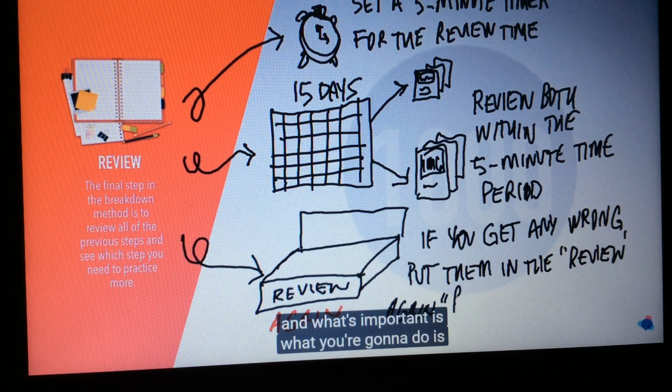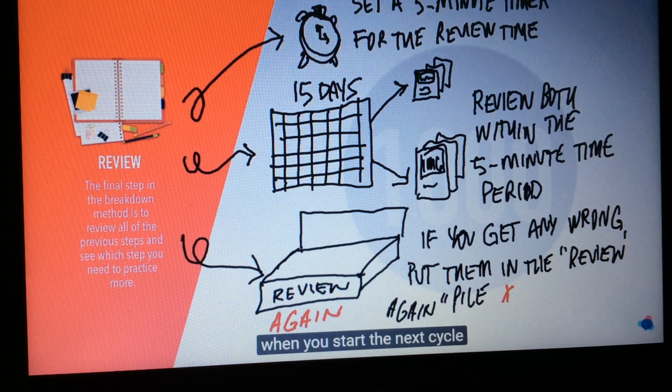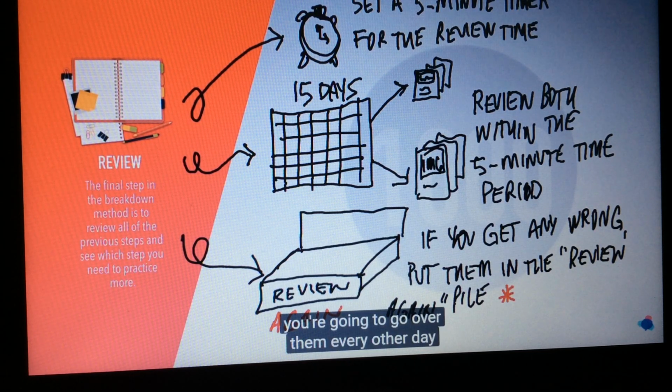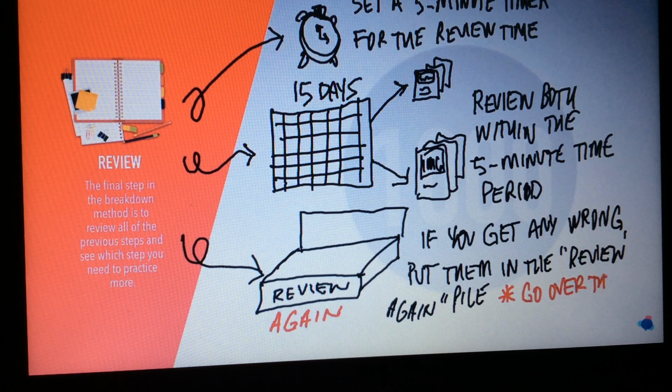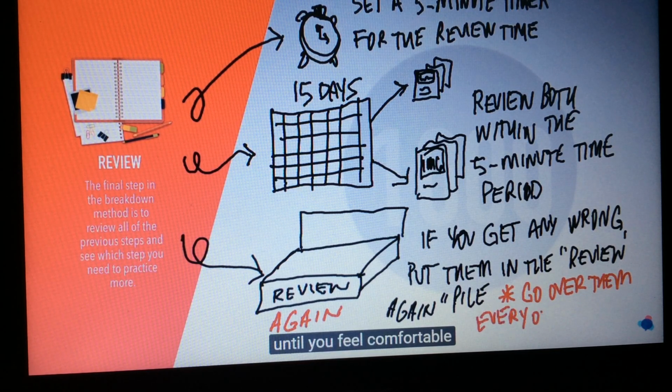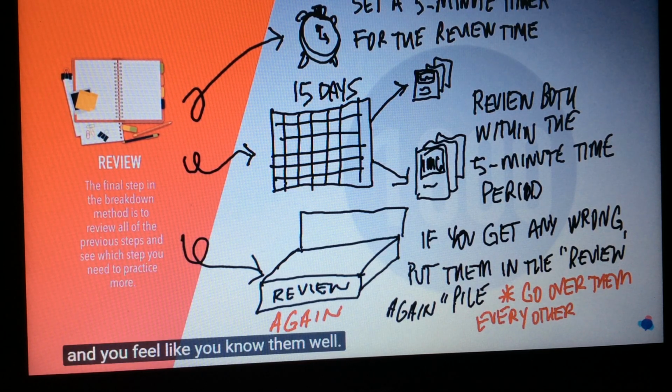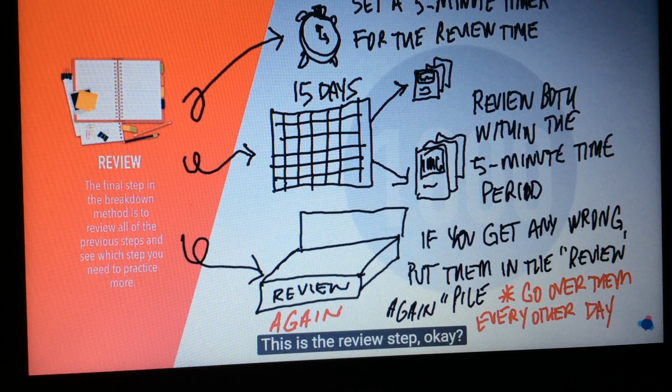And what's important is, when you start the next cycle, you're going to go over them every other day until you feel comfortable and you feel like you know them well. Okay? This is the review step.